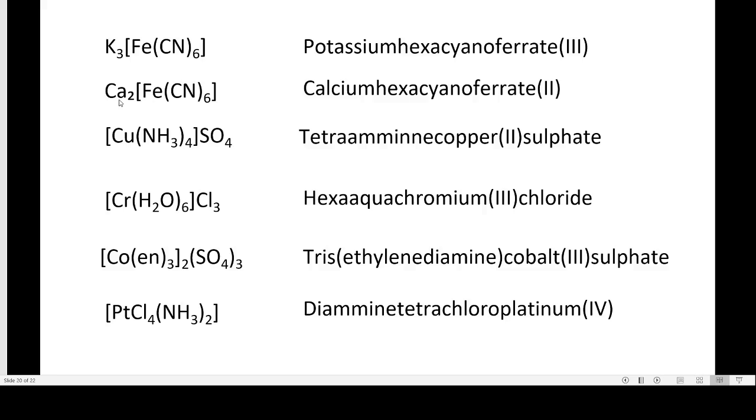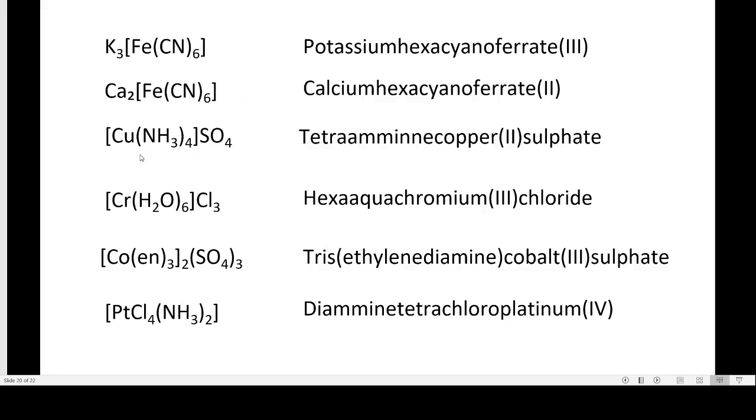The cation is named first. 6 cyano groups are there. Since it is a negative ligand, the name is cyano. So calcium hexacyanoferrate 2. So the name of the central metal atom ends with ATE in case of anionic complex.